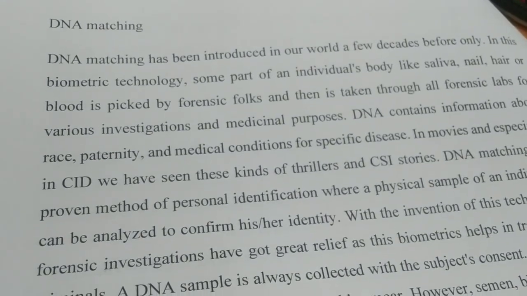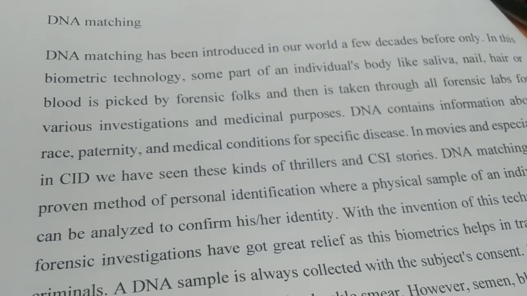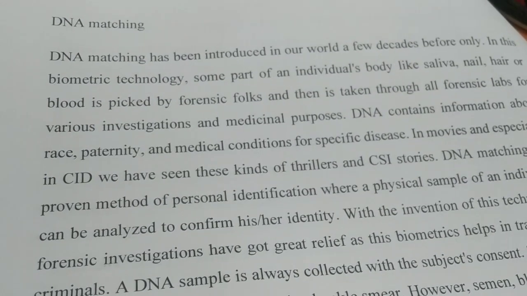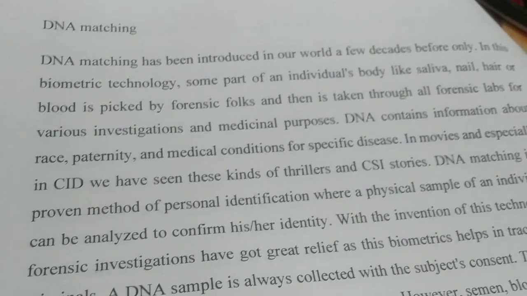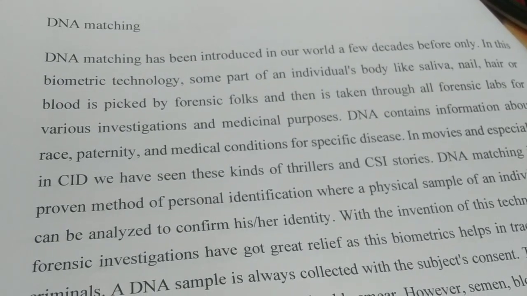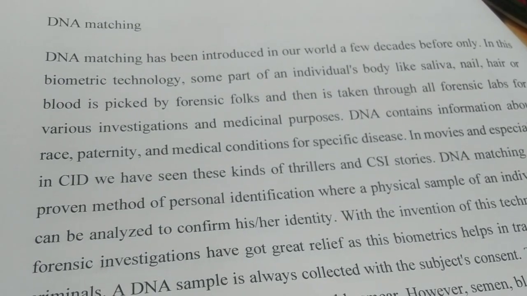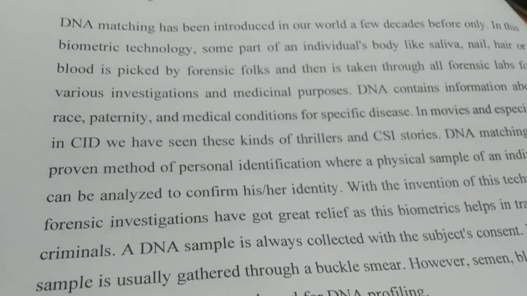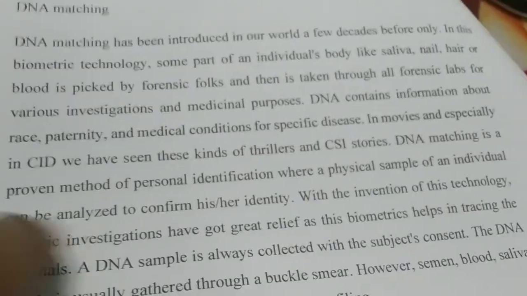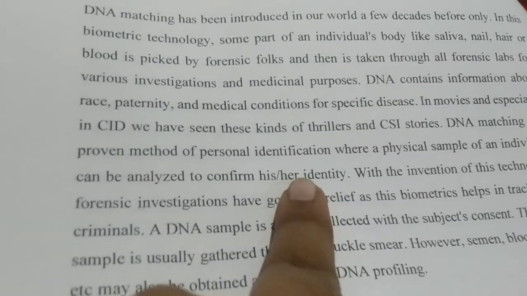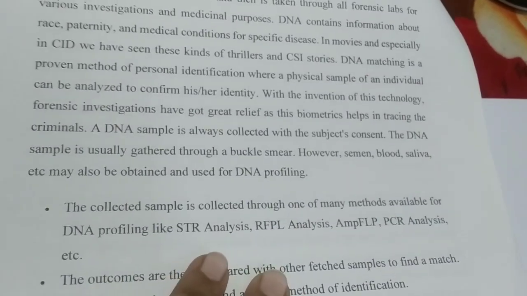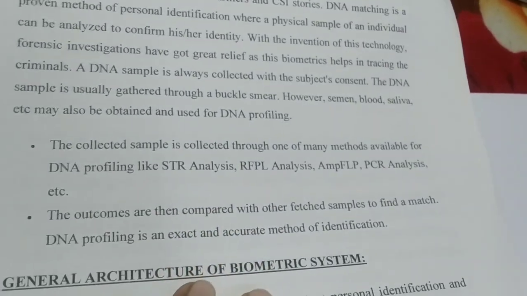DNA matching was introduced a few decades ago. So DNA was a very new investigation, and used for clinical purposes. So as I said, to identify identity, we invented this technology.